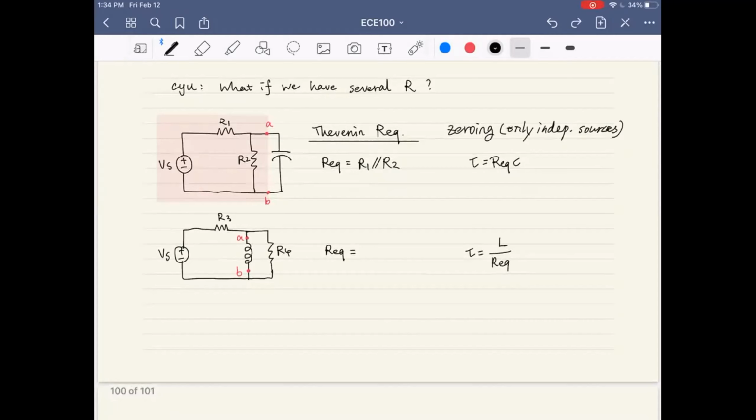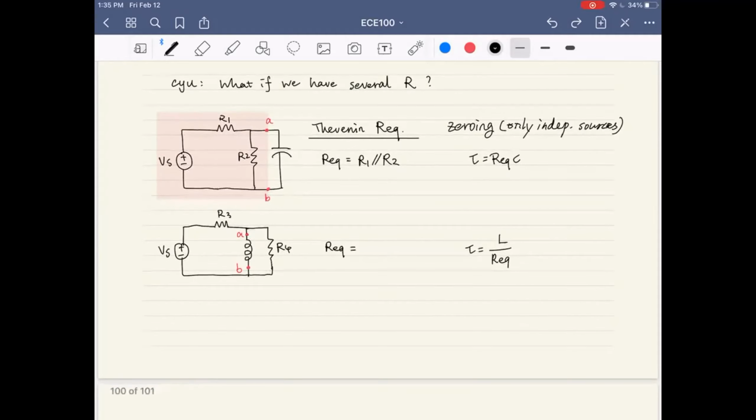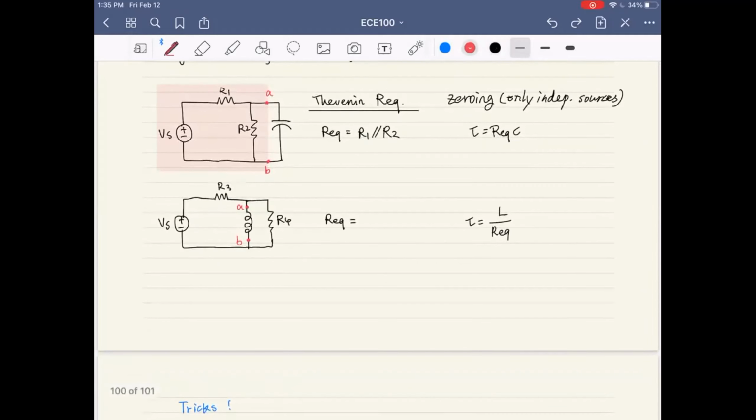Let's take a look at the second example. Now we have an inductance. How do we calculate the Thevenin equivalent resistance? We use a similar trick like dragging the element out. We drag the terminals out and put the rest of the circuit in the box. Let's see how I do it. It is easier to do it on a tablet.